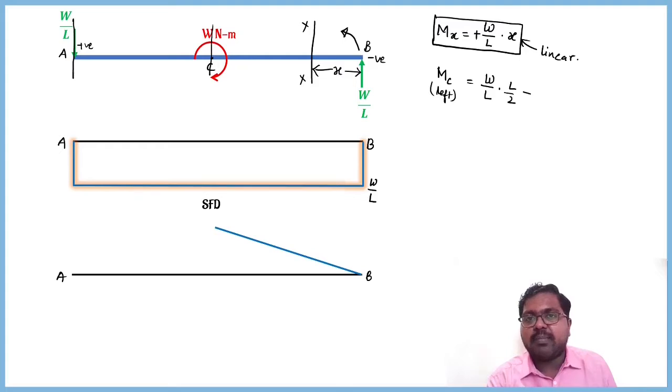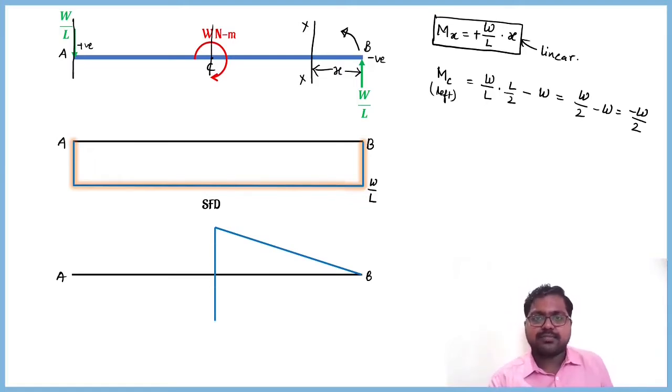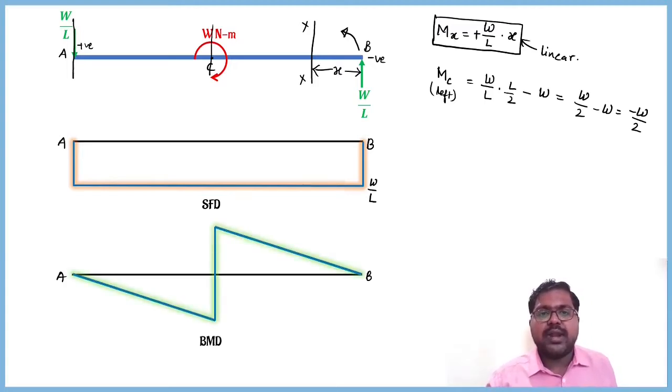So I can take it like minus W. So here we will be having W by 2 minus W, which will be equal to minus W by 2. So it will drop like this. Then again from C, it will go on continuing as a straight line and it will reach 0 at A. So this is the bending moment diagram when couple is acting.